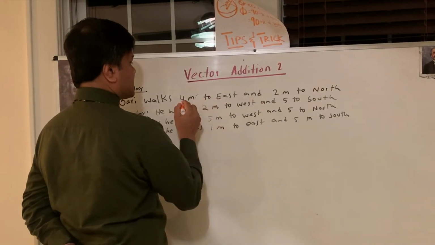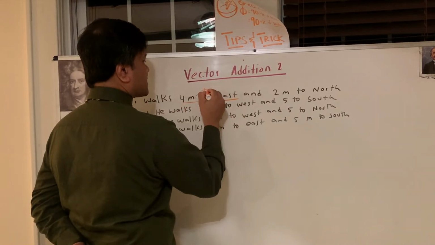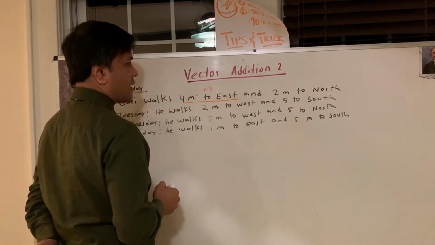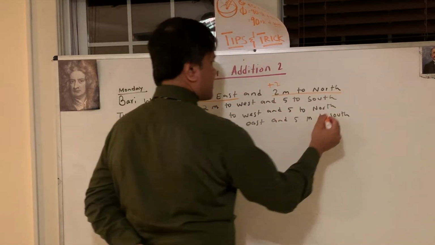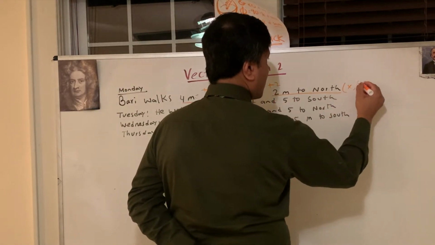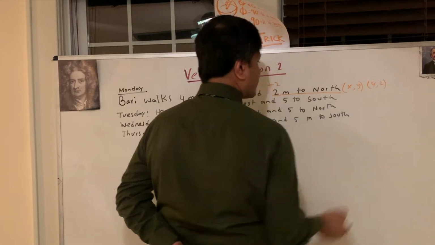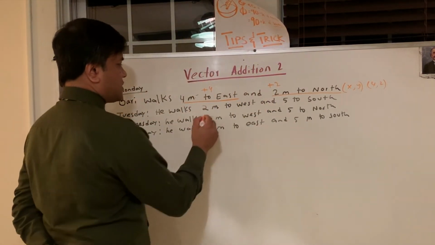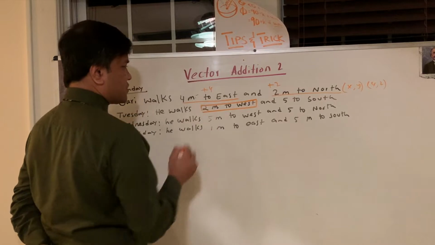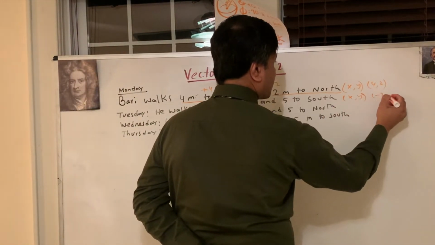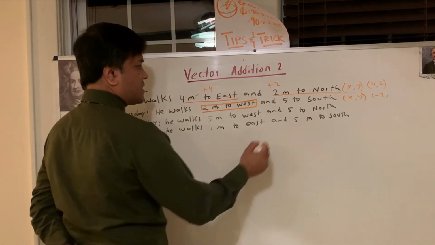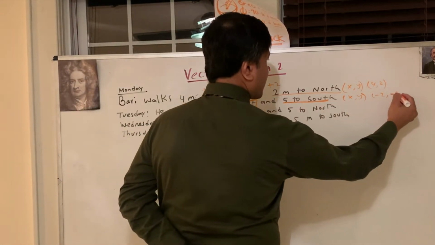4 meter to the east means positive 4 and 2 meter to the north means positive 2. What does that mean? X comma y is equal to 4 comma 2. 2 meter to the west means negative 2. So x comma y is negative 2. 5 meter to the south, negative 5.